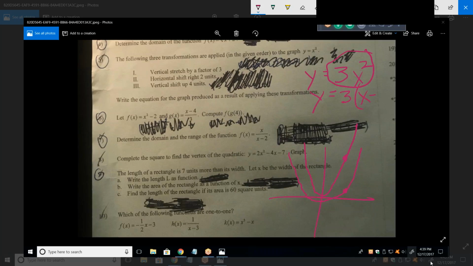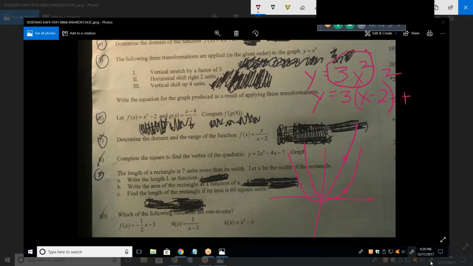You need parentheses around the x minus 2. Yeah, 3(x minus 2) squared. And notice why: the 3 is not being squared. It's only the x minus 2 that's being squared. And finally, a vertical shift up 4 units. Just plus 4 on the end.